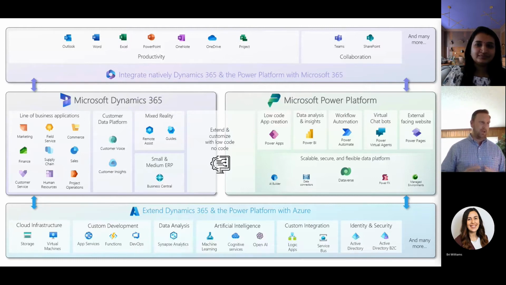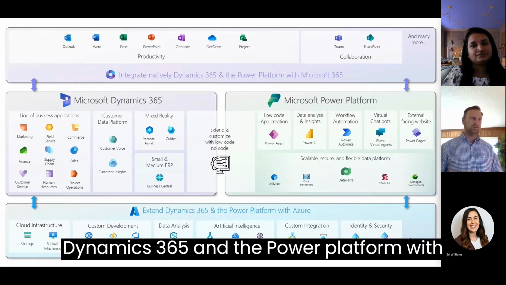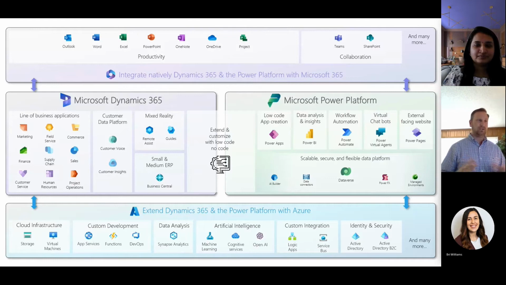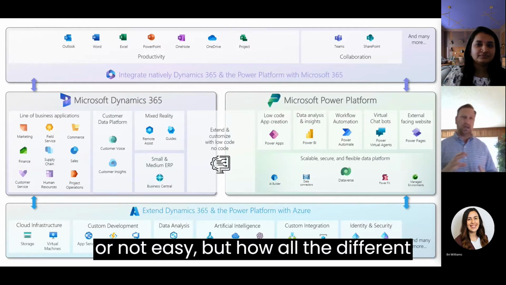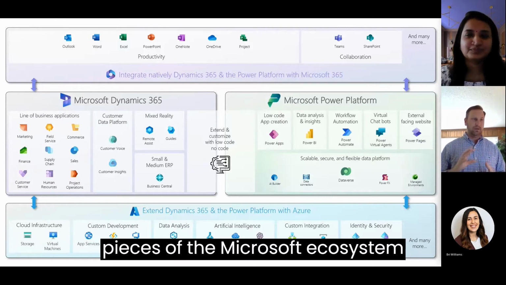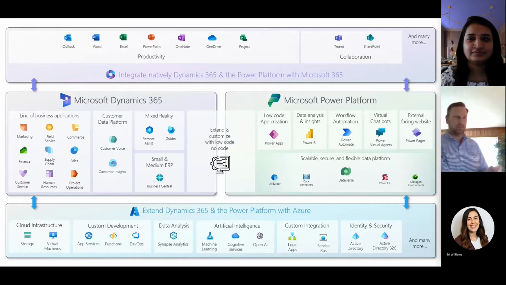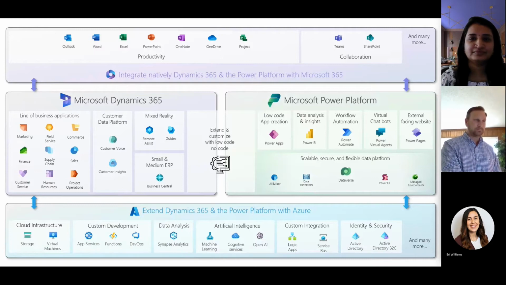We also have the ability to extend Dynamics 365 and the Power Platform with Azure. The slide is showing you how all the different pieces of the Microsoft ecosystem fit together to form that business application for your entire business.